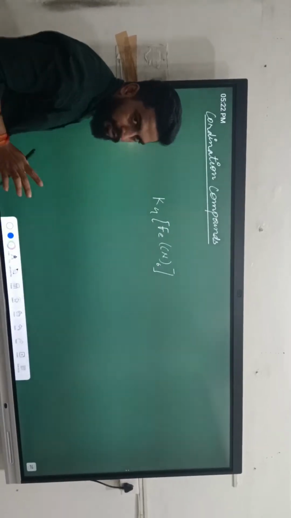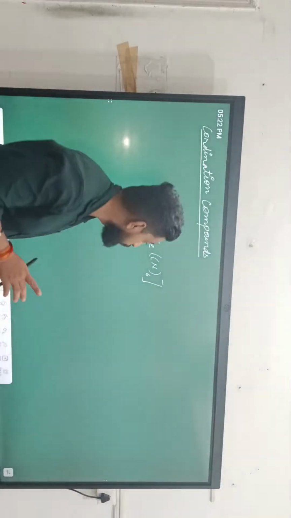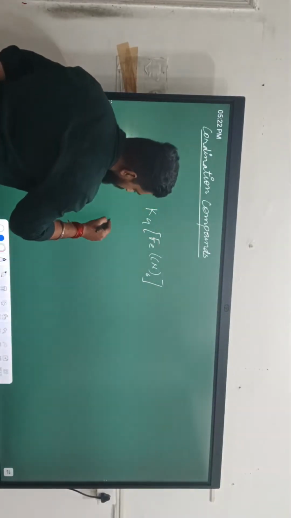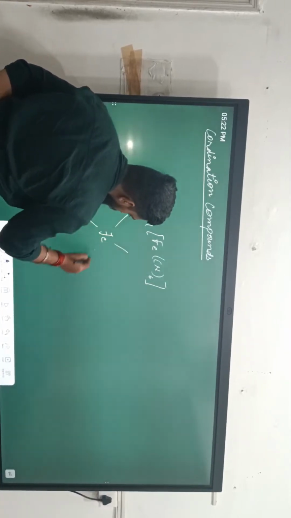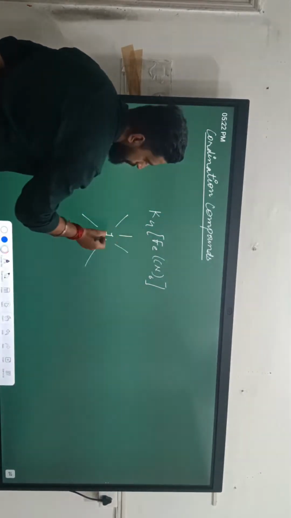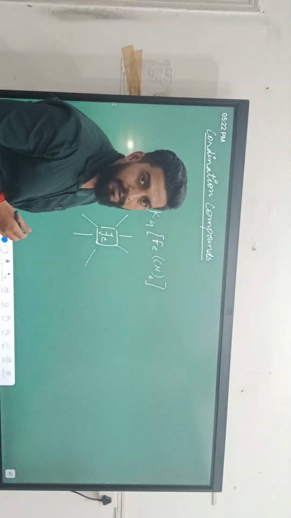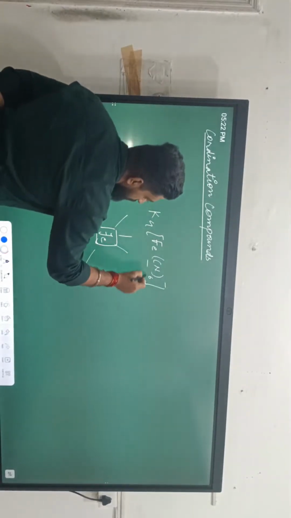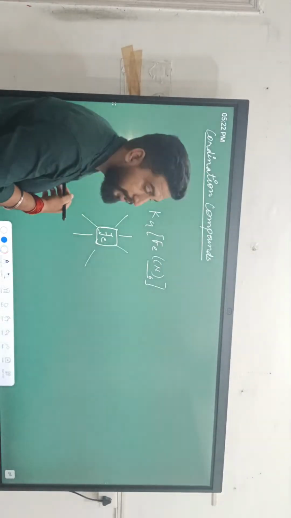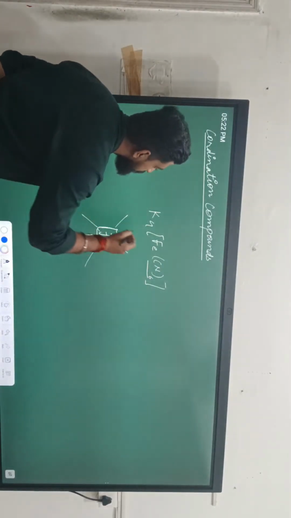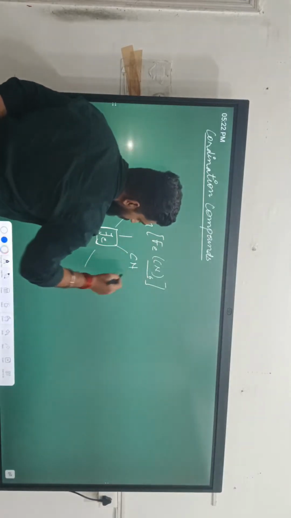The type of bond formed by sharing of a lone pair of electrons is known as a coordination bond. Okay, so here the element which is written first inside the bracket is known as the central metal atom or central metal ion, and the other elements in that bracket are known as ligands.